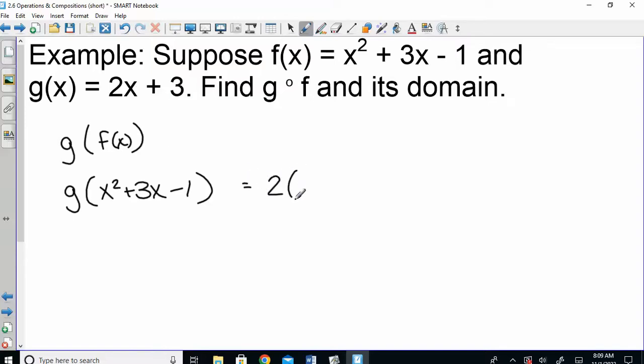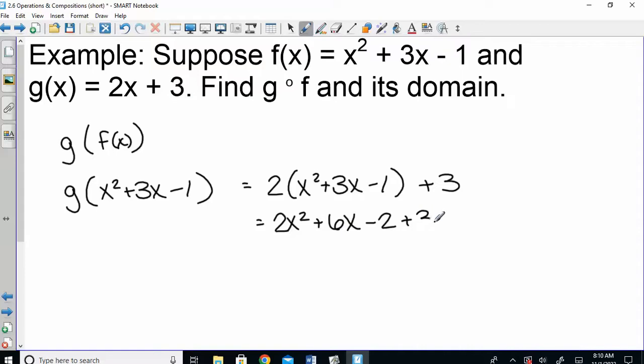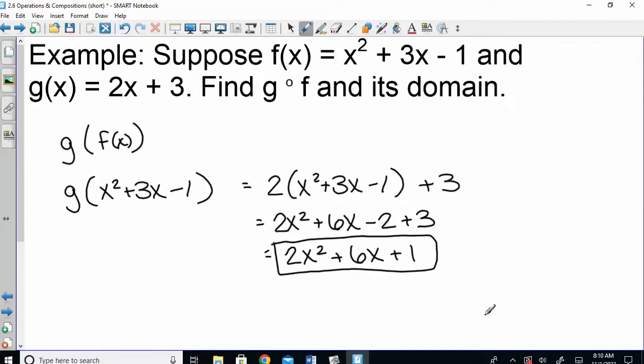So 2 times this plus 3. So that gives me 2x squared plus 6x plus 1. That is the composition.